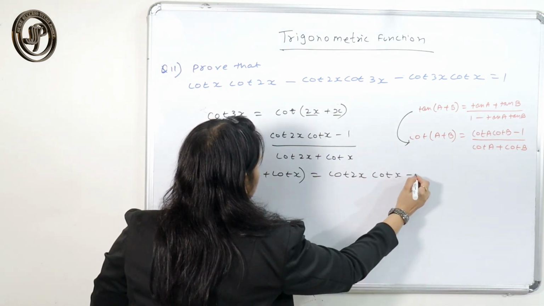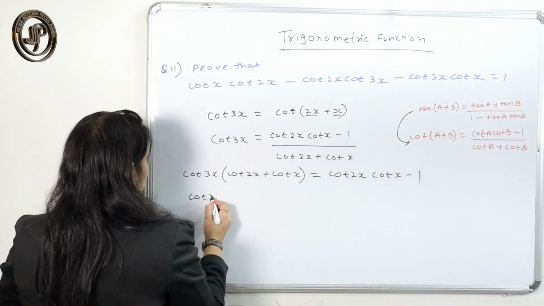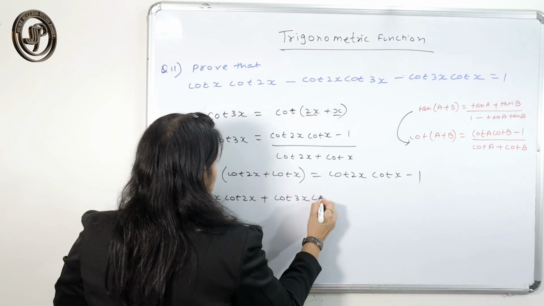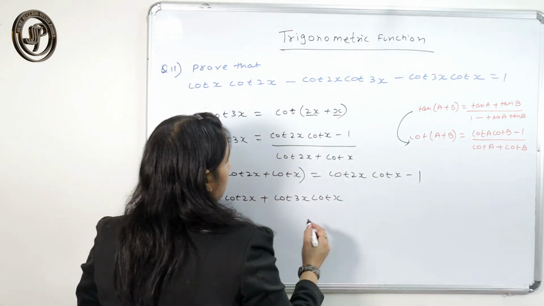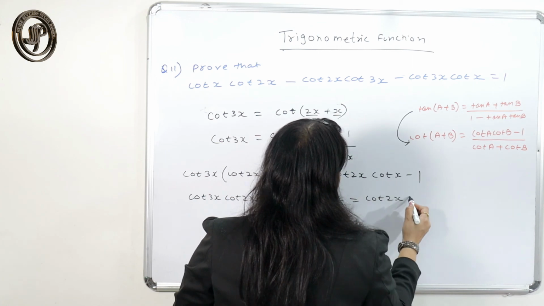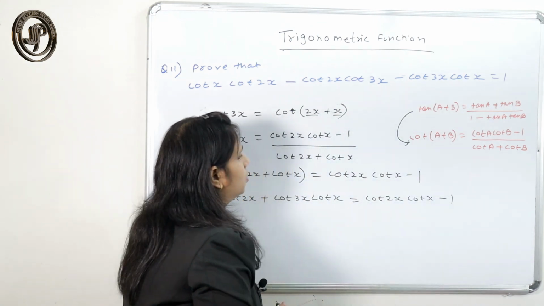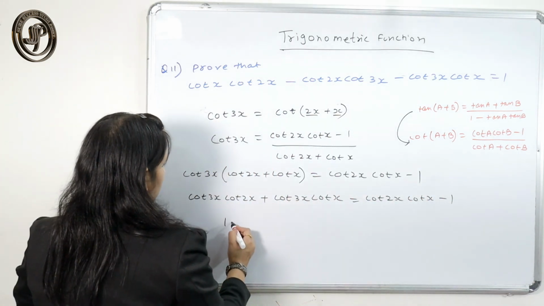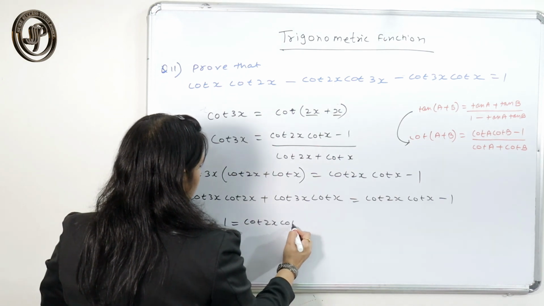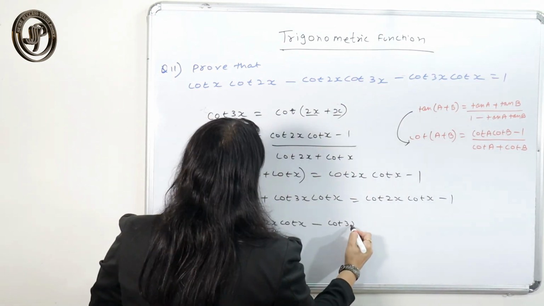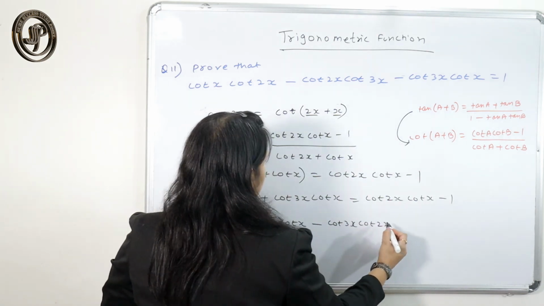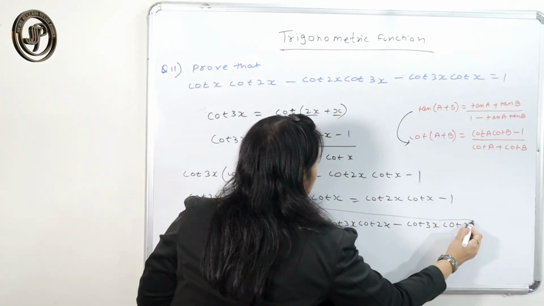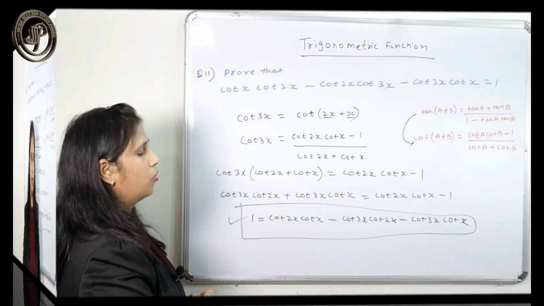Cot 3x cot 2x plus cot 3x cot x equals cot 2x cot x minus 1. If I take this minus 1 to this side, I will get cot 2x cot x minus cot 3x cot 2x minus cot 3x cot x equals 1. This is the thing that I need to prove.